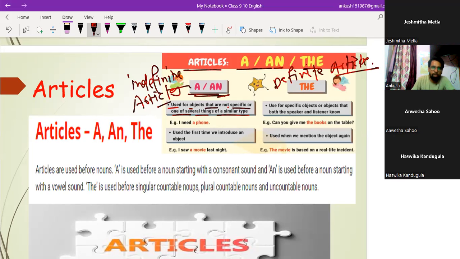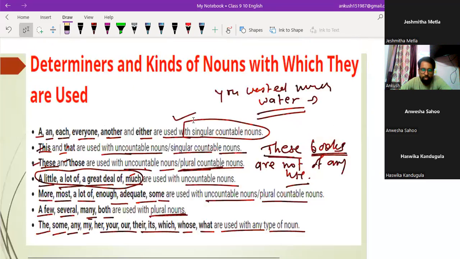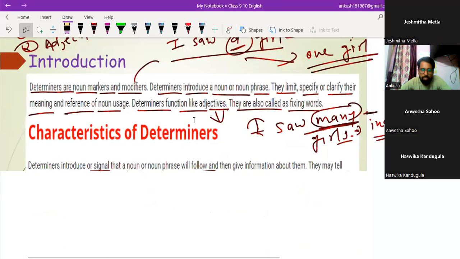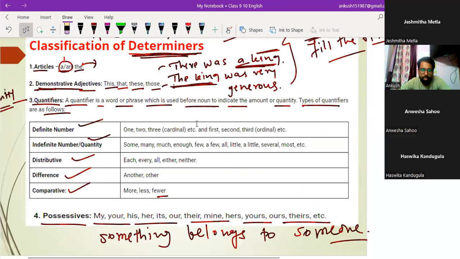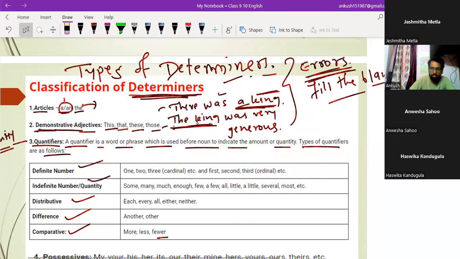For example, I need a phone means I need only one phone. They are used the first time we introduce an object, as I told you in this example: there was a king.